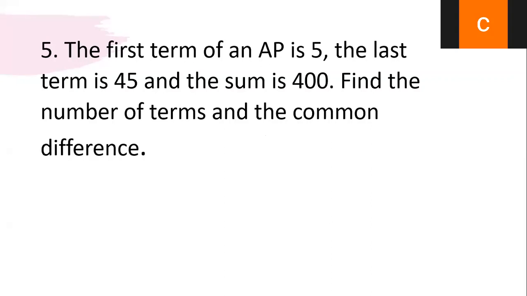n value 16, apply in the nth term. An is equal to A plus n minus 1 into D. So n value 16 you have got. Yes, ma'am. 400 is equal to n by 2 into 50, that is 25n equals 400. So n is equal to 16. Apply that n value, A value and an value in an is equal to A plus n minus 1 into D. 8 by 3.